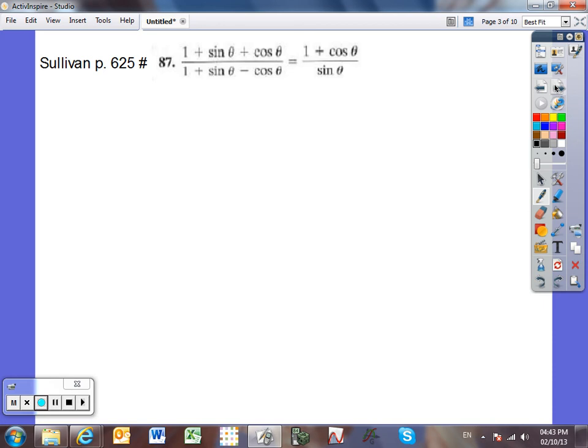So I'm going to have a look over at the right-hand side, and I notice that I've got this factor of 1 plus cosine in the numerator that I would really like to have in the numerator here. Or perhaps you could argue that we should artificially inject a factor of sine theta into the denominator. So let's start off.